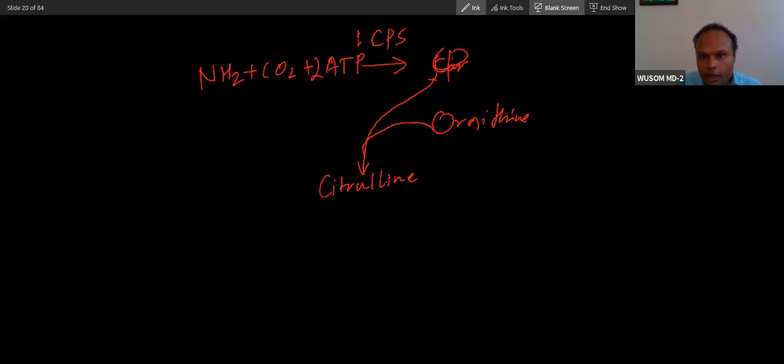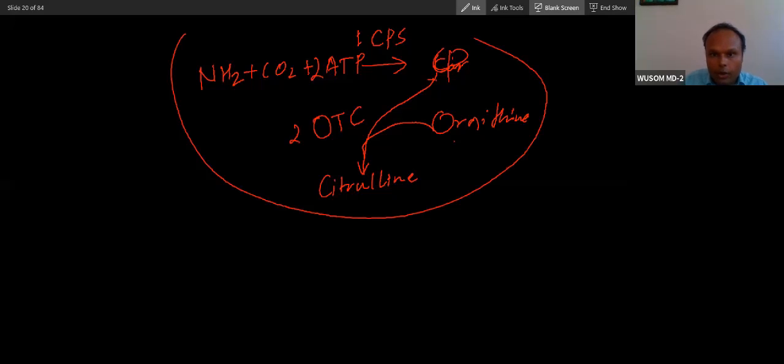Now what is the second enzyme? To the ornithine, this carbonyl phosphate is transferred. So ornithine transcarbamylase is the second enzyme. This is happening inside the mitochondria.